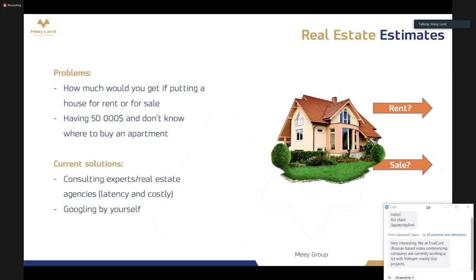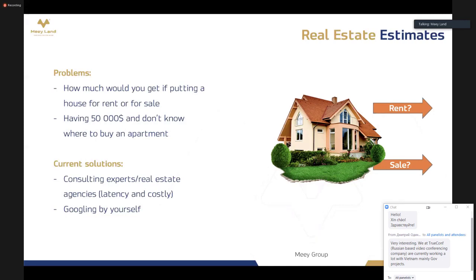In that case, you have to pay some money to get that information. Or you can try to find the information by yourself. You can walk around the area, asking people how much you would get if you put the house up for rent.